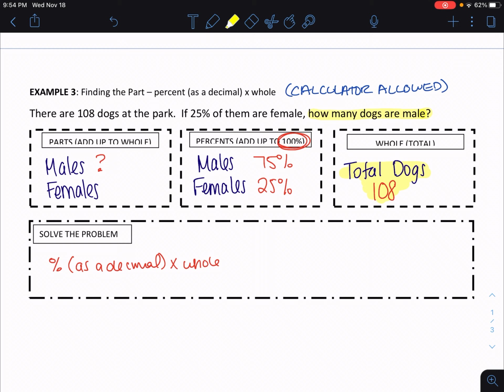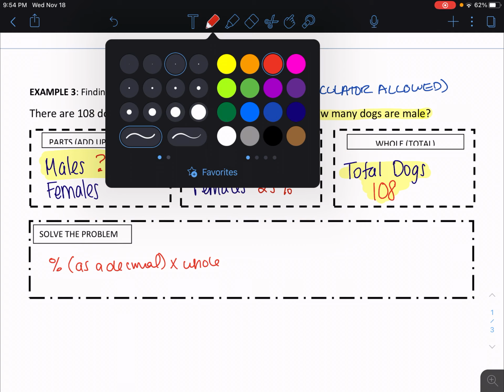And then I have to look at my parts and my percents box, and I have to say what goes along with the fact that I'm trying to find the males. Your question mark should always be highlighted, and then you're going to find the value that goes with that. So because I highlighted males in my parts box, I'm going to highlight males in my percents box. And those are the ones that I'm going to use.